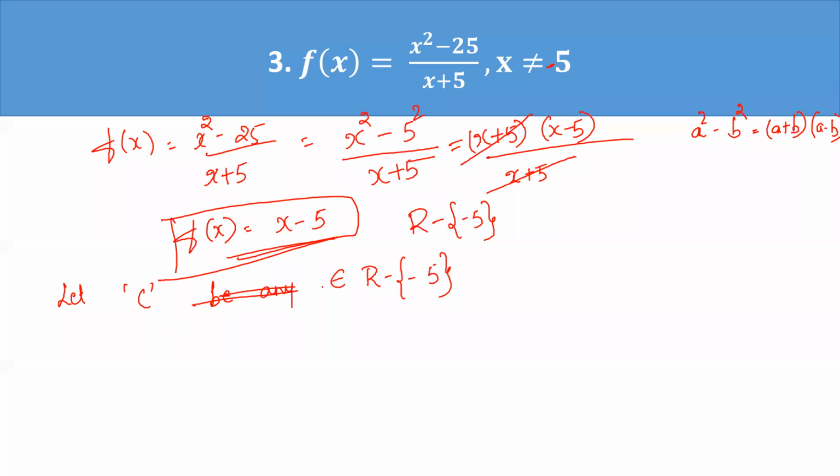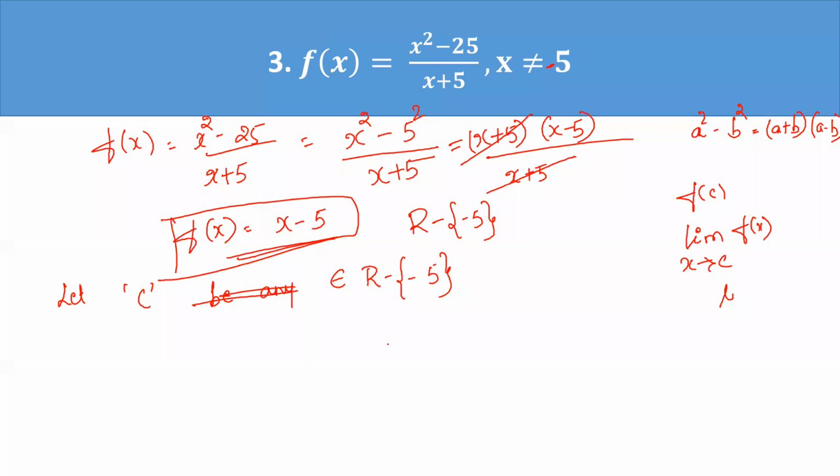So you verify the three conditions: f of C exists, limit of f of x as x tends to C exists, and whether both are equal. Can anyone tell me whether it is continuous or not at C? Yes, it is continuous.